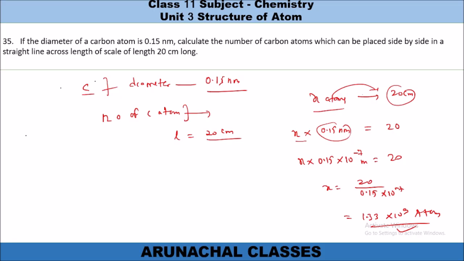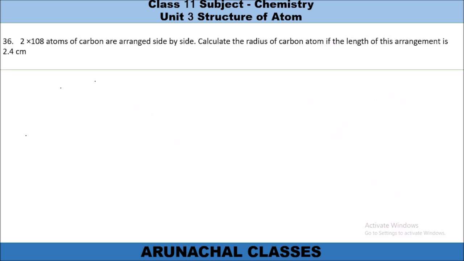Now let's have question number 36. In question 36 it is given that 2 × 10⁸ atoms are arranged side by side, like in this way.